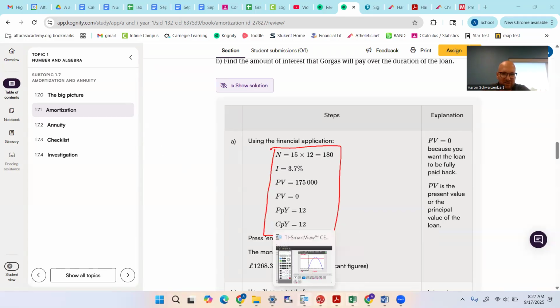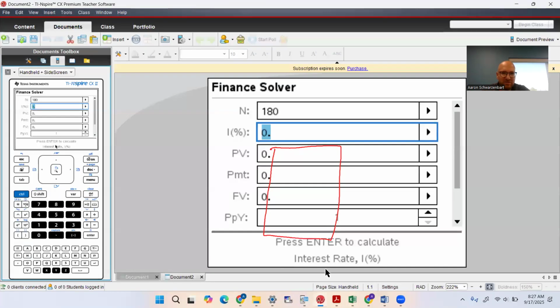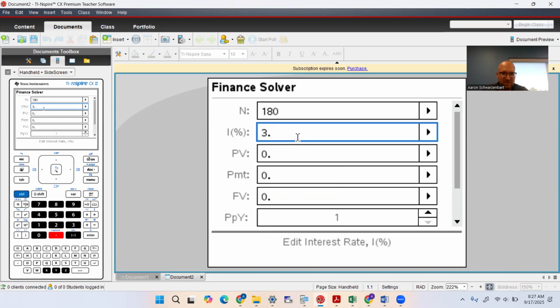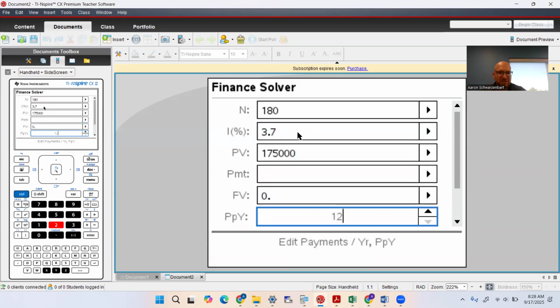So basically, you're writing down the values that you're entering on your calculator. You're not entering the percent as a decimal, you're entering it as a percent, 3.7. Present value is 175,000. We don't know our payments, so we leave that blank. Future value is 0. Payments per year, PPY, is 12.